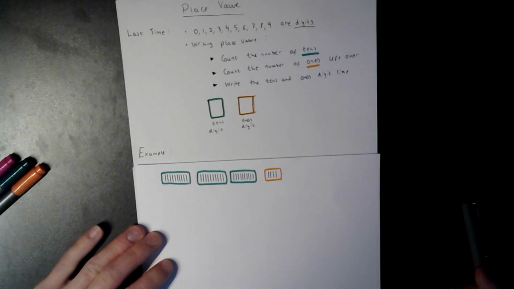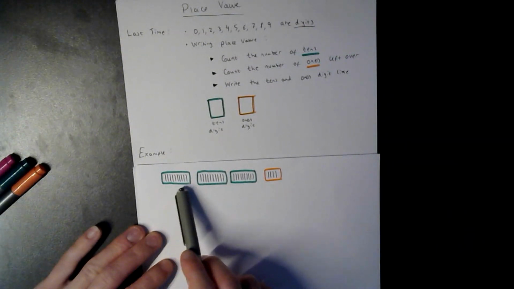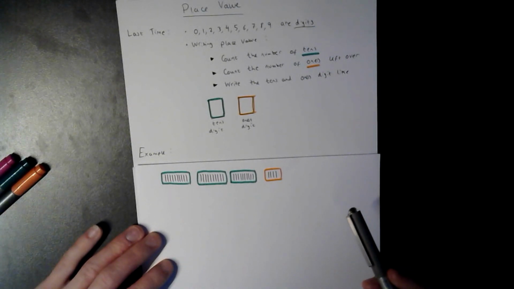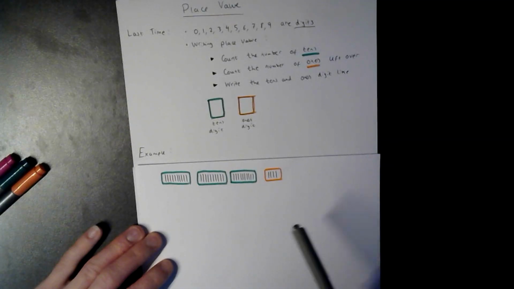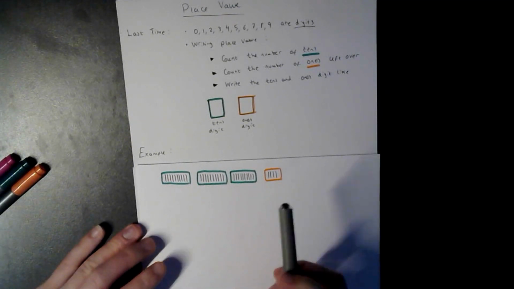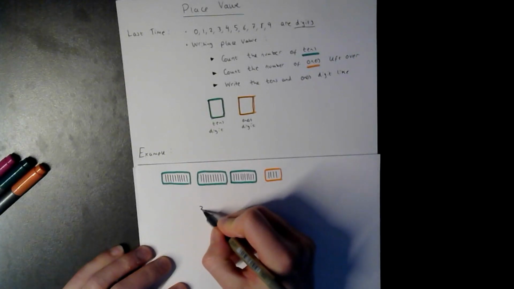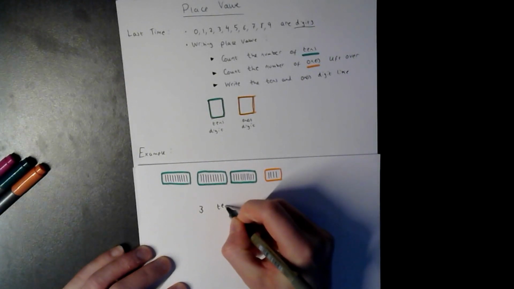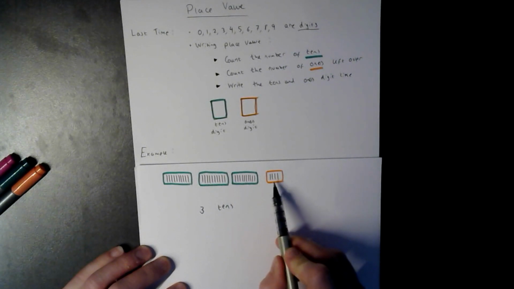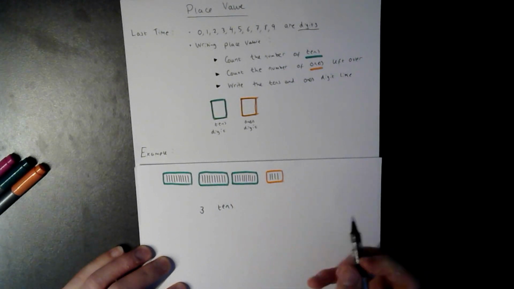Here we have a number with lots of lines, just like we did last time to represent it. And so we've counted them up, and there's 1, 2, 3 tens. And there's 1, 2, 3, 4 ones.